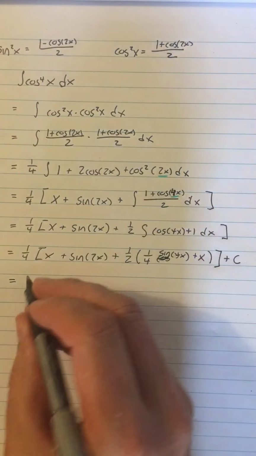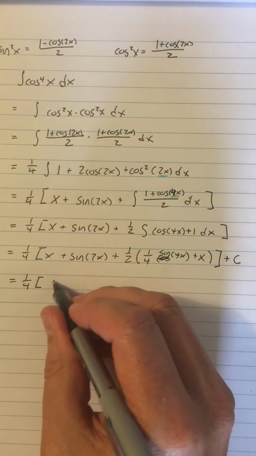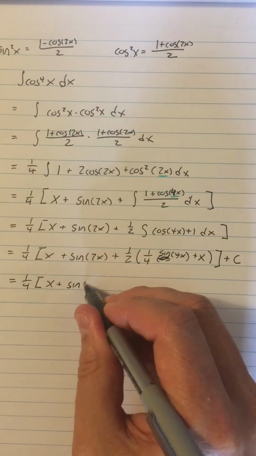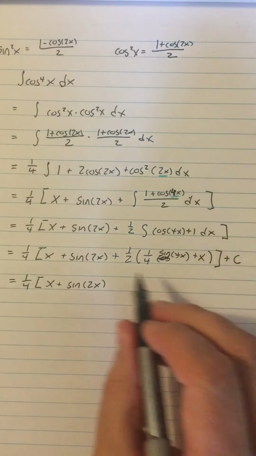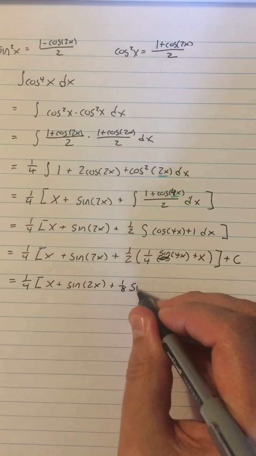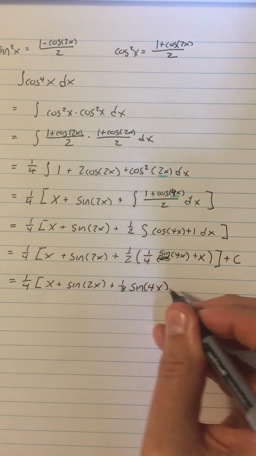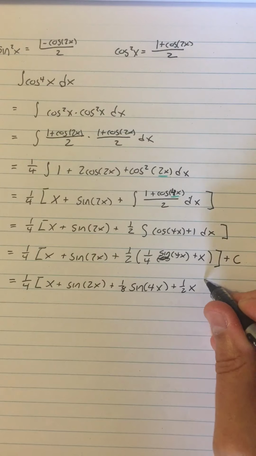Really, I'm done here, but you're not taking the AP exam anymore, so let's simplify things like you're doing things for a calculus professor instead of the College Board. All right, so I'm going to distribute out the 1/2. So I have 1/8 sine of 4x, and then plus 1/2 x. If you're pretty good at these things, you can do it all in one step.